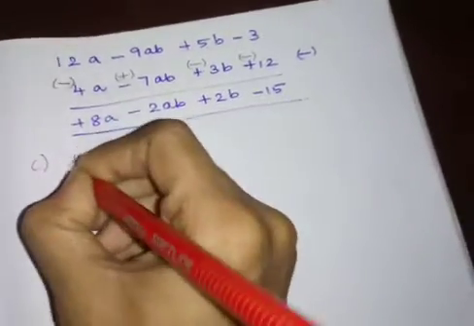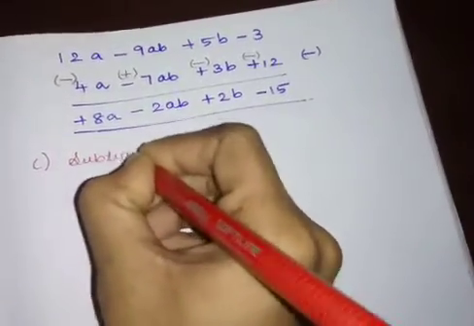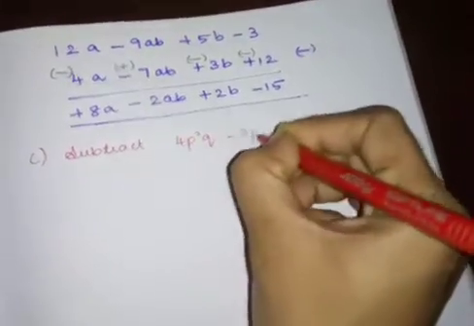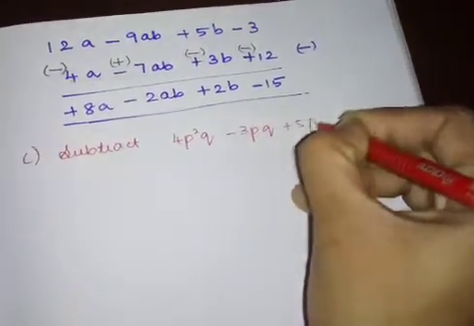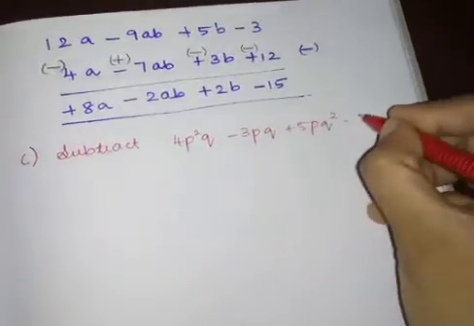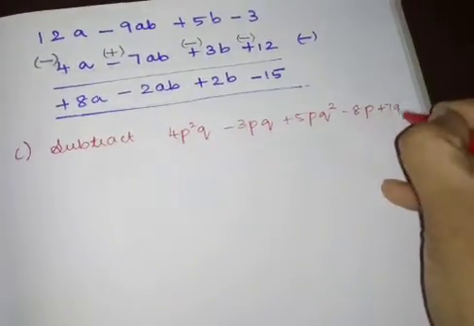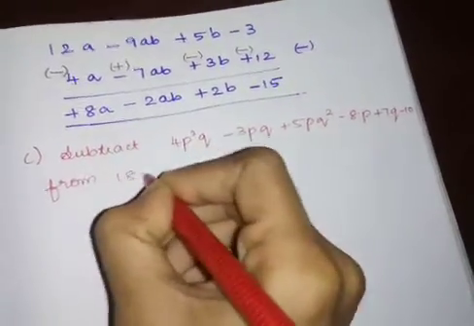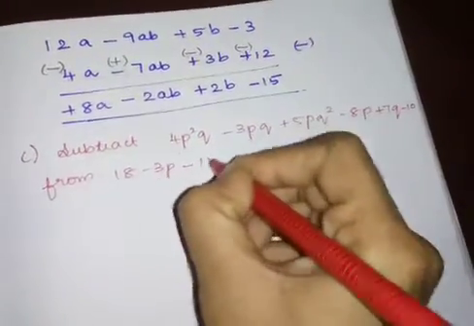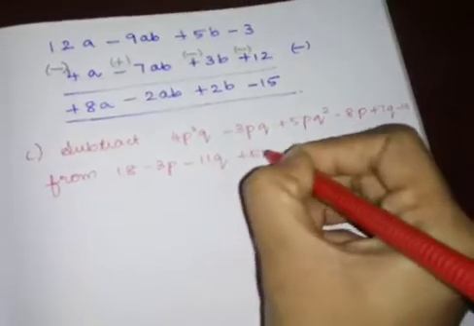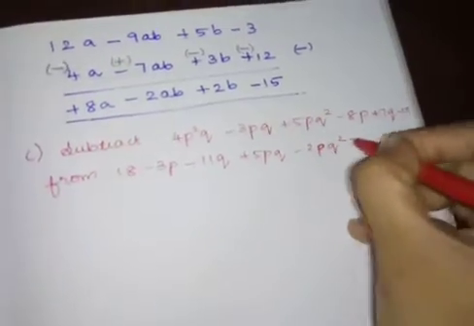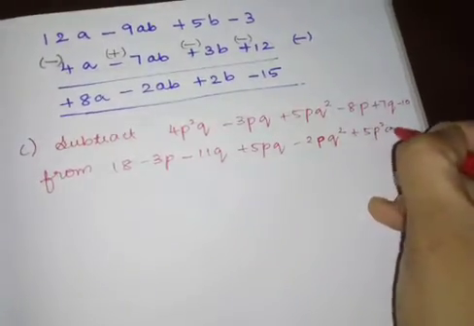C problem. Okay, I am going to write subtract 4p square q minus 3pq plus 5pq square minus 8p plus 7q minus 10 from 18 minus 3p minus 11q plus 5pq minus 2pq square plus 5p square q.